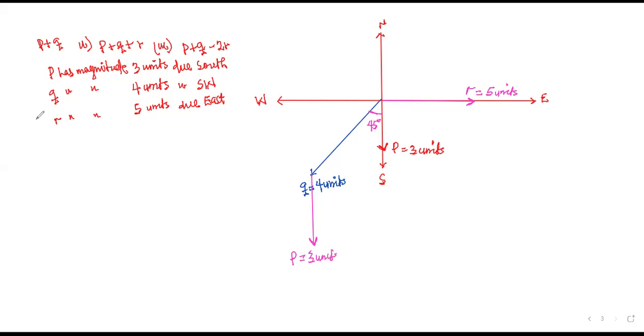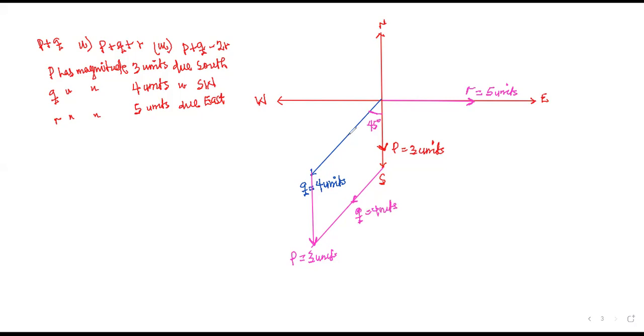You can also draw the equal vector of Q and place it on the head of P. This is also Q, of magnitude 4 units.